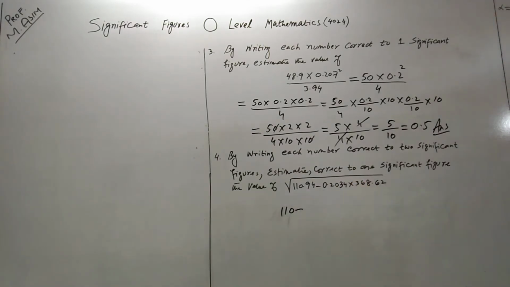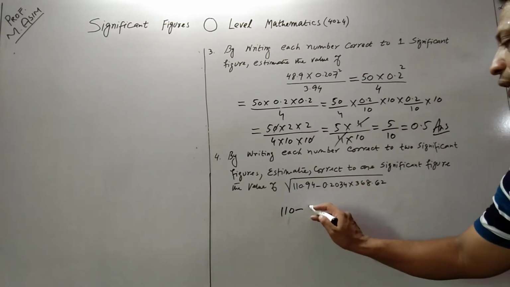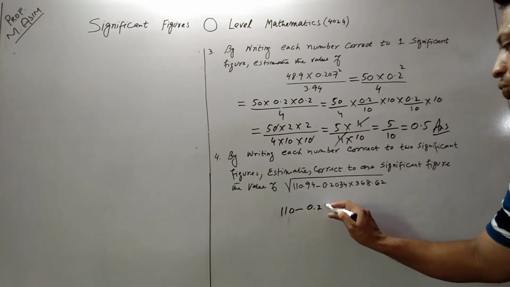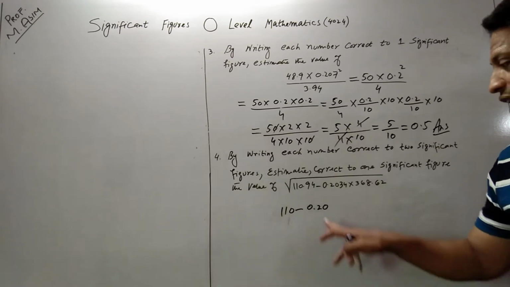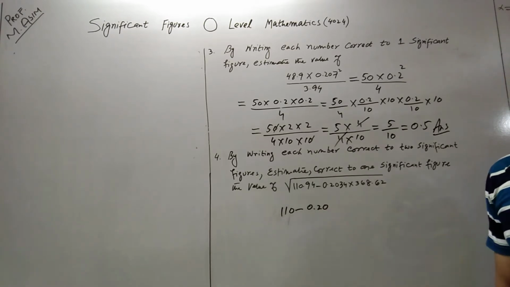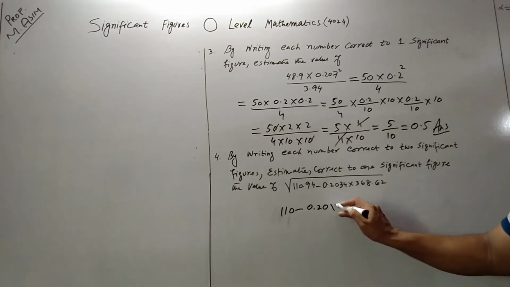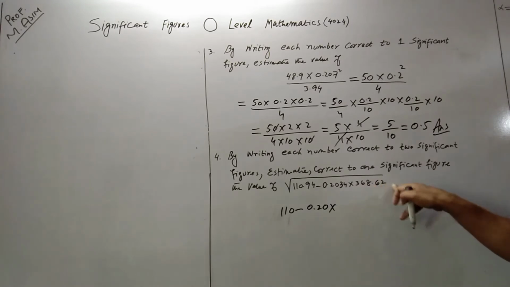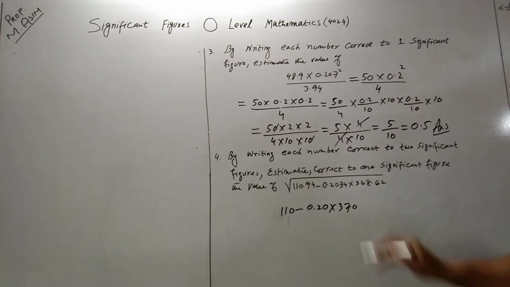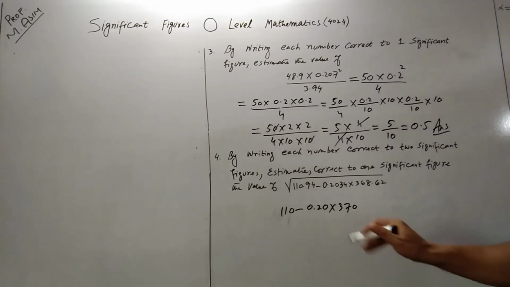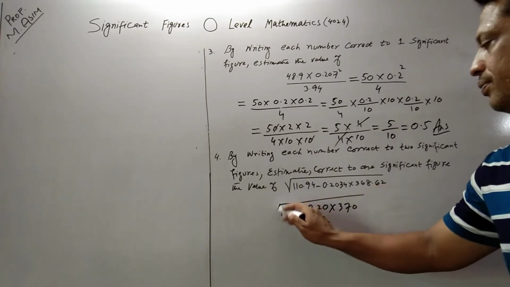Minus 0.2034 converted into 0.20, because according to the rule of significant figures, this 0 has significance. Multiply by 368.62, so this becomes 370, because this 0 has no significance.